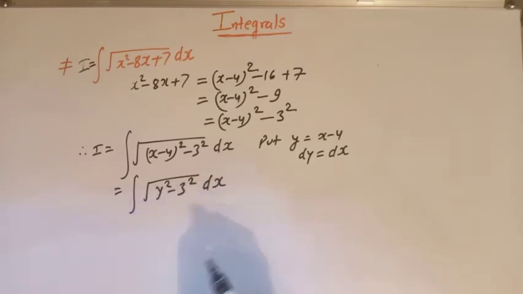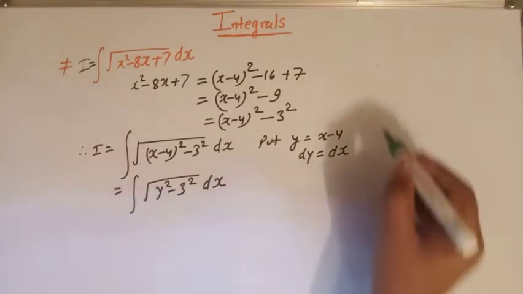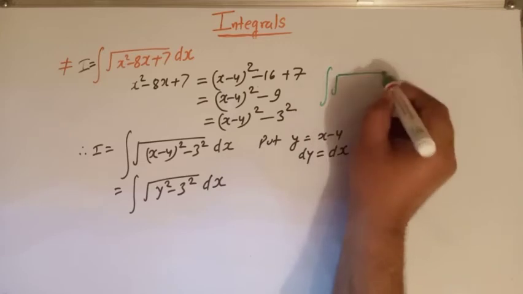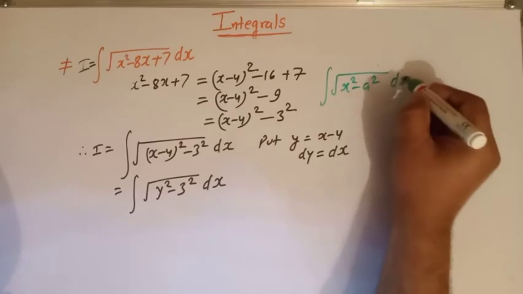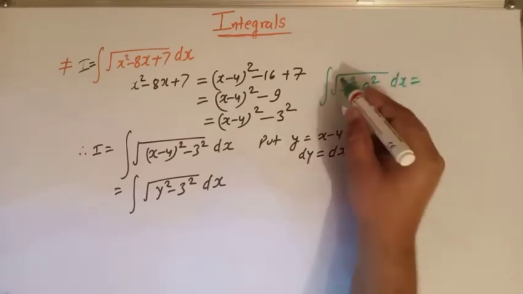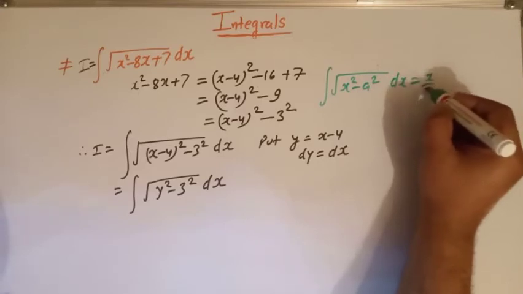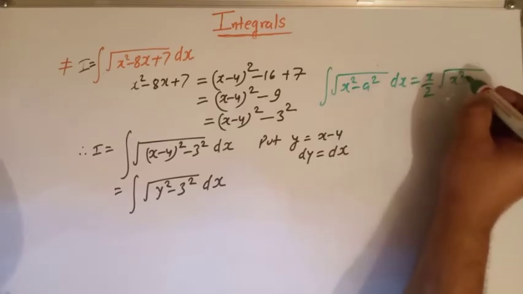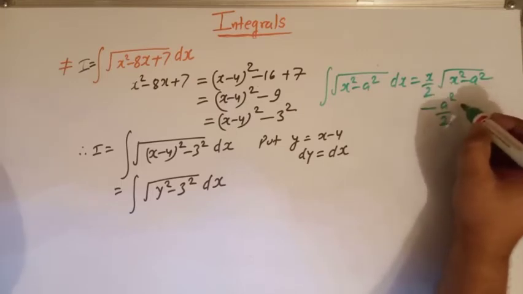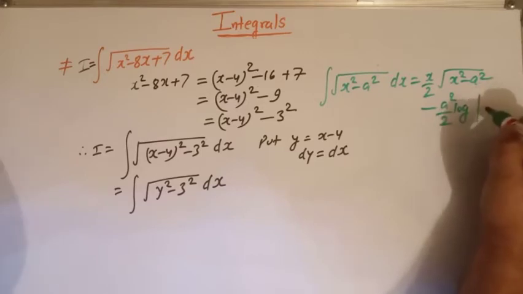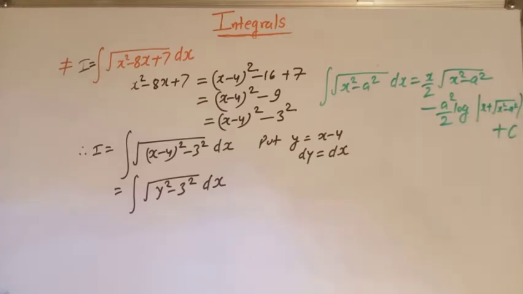Now here, as we have just seen, this integral is of the form the square root of x square minus a square dx, and the integral of this function is x over 2 times the square root of x square minus a square minus a square by 2 log of x plus the square root of x square minus a square plus c. Clear?